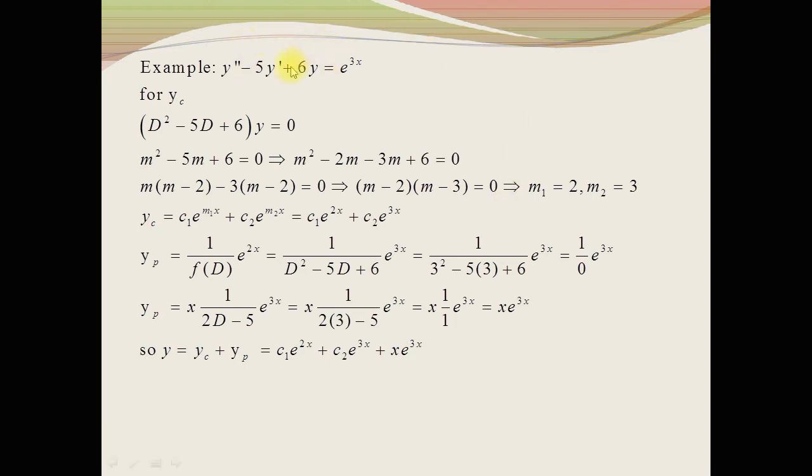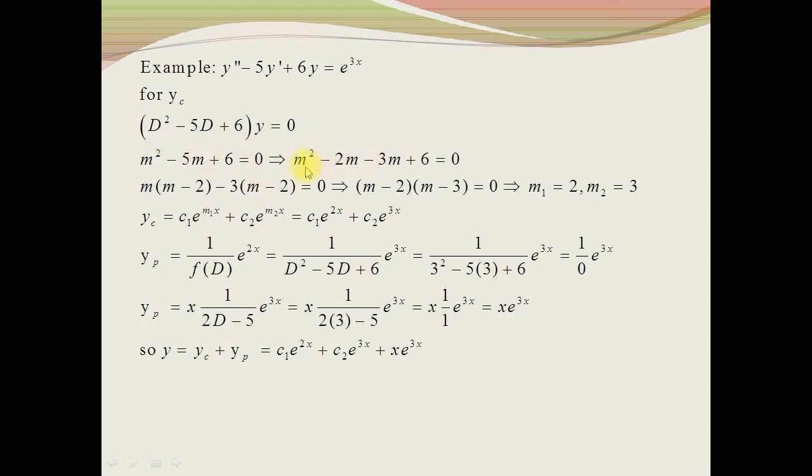For the complementary solution, take the homogeneous part, meaning the right hand side will be equal to 0. (D^2 - 5D + 6)y = 0. So y = 0 is the trivial solution for this homogeneous part, and for the non-trivial solution we take the auxiliary equation m^2 - 5m + 6 = 0.